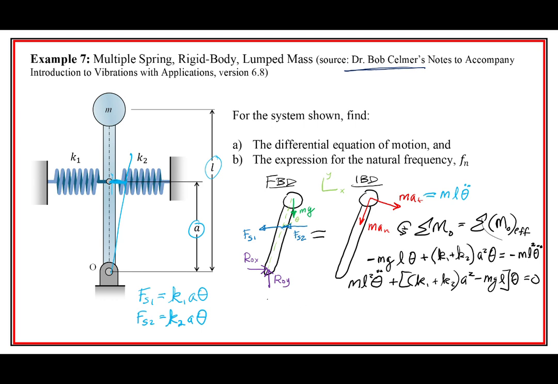And so the equation of motion, which is what we were asked for, is theta double dot, I mean, you could call the above the equation of motion, I suppose, plus K1 plus K2 A squared minus MGL divided by ML squared.